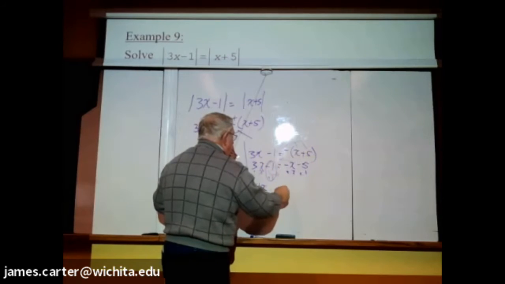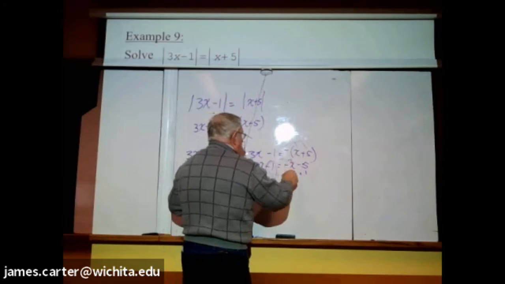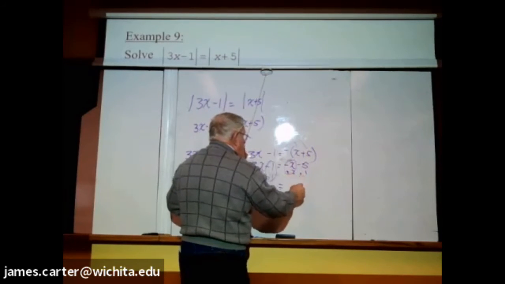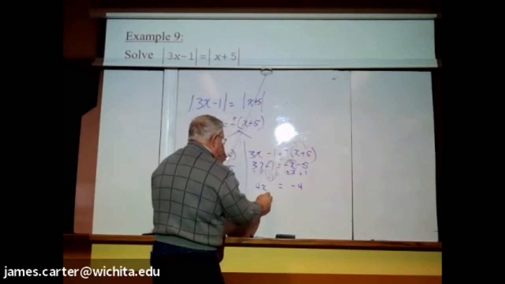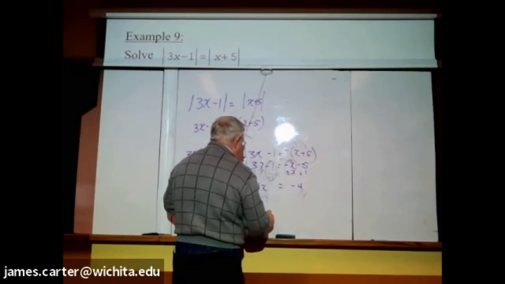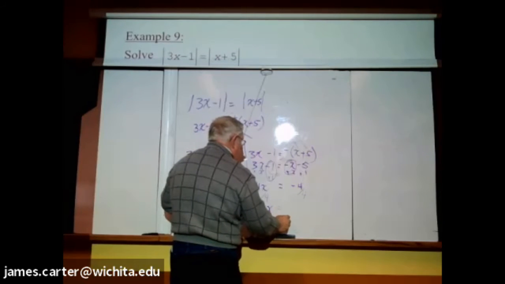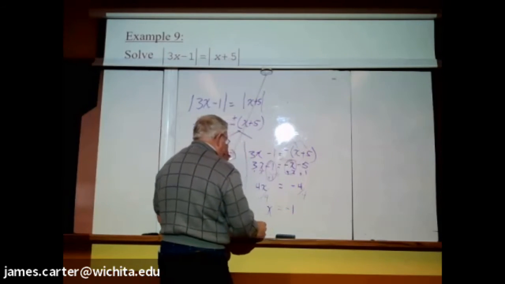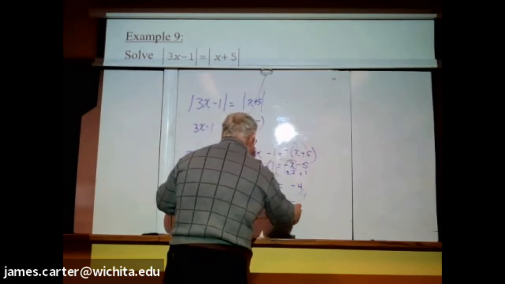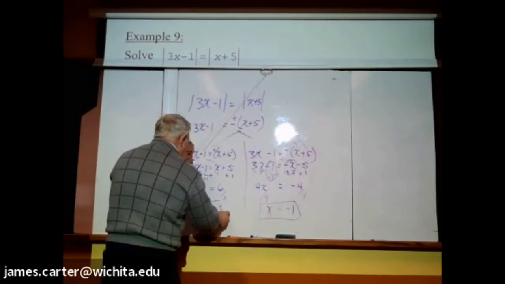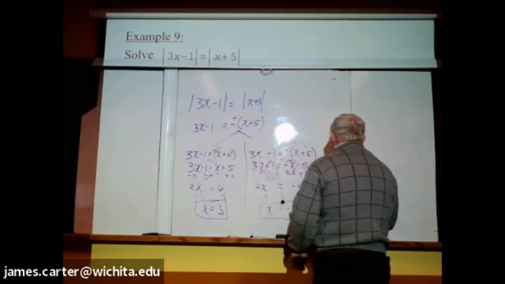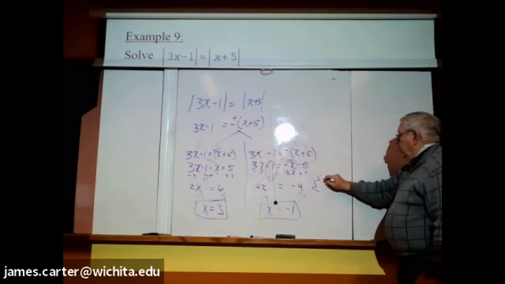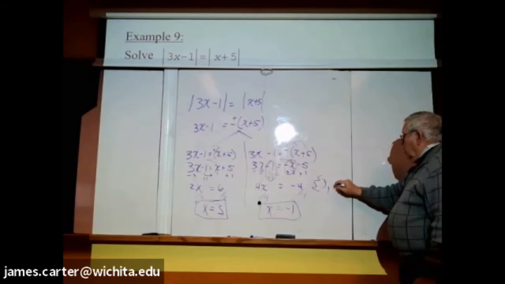Those go away. Those go away. And here I get negative 4. Divide by 4, x equals negative 1. Okay, so those are our two individual solutions. And then our set notation would be 3, negative 1.